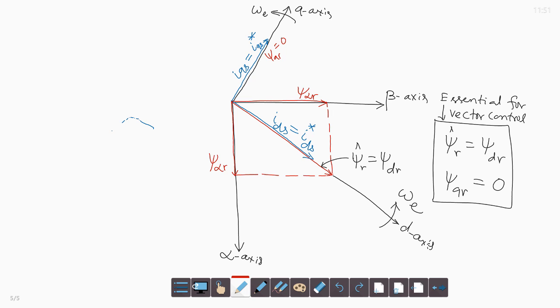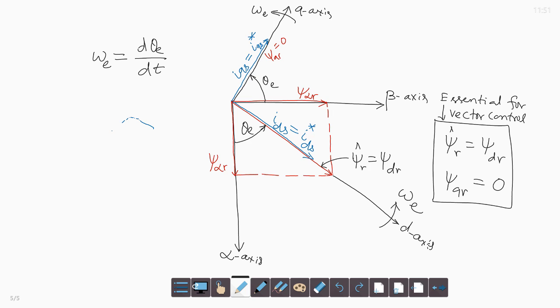This is the angle, because the reference frame is rotating, this is the angle theta e, and also this is the angle theta e. Omega e is the synchronous speed, that is the speed of the reference frame, d theta e by dt.